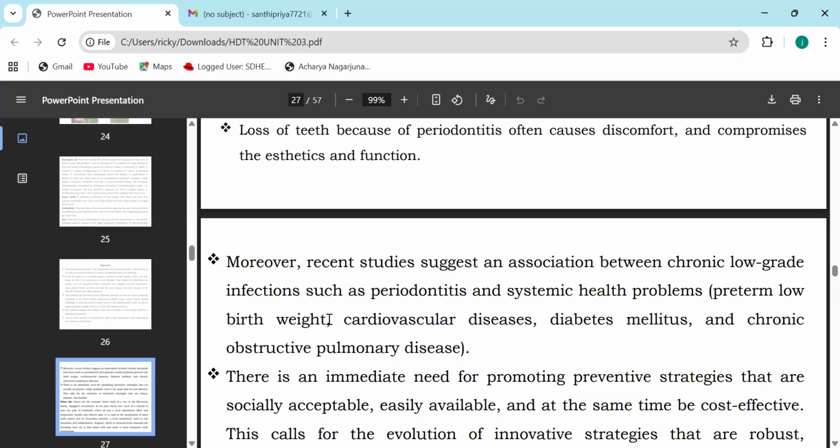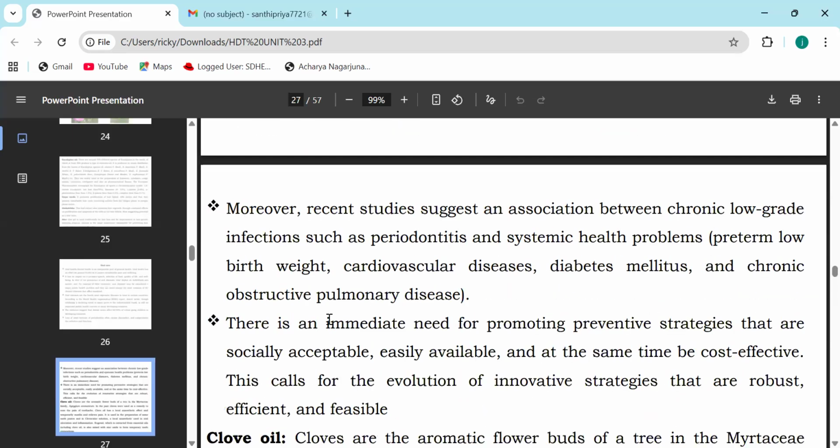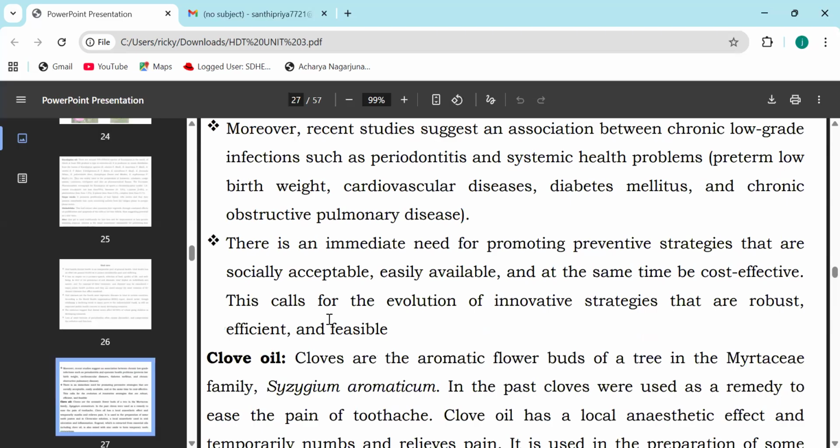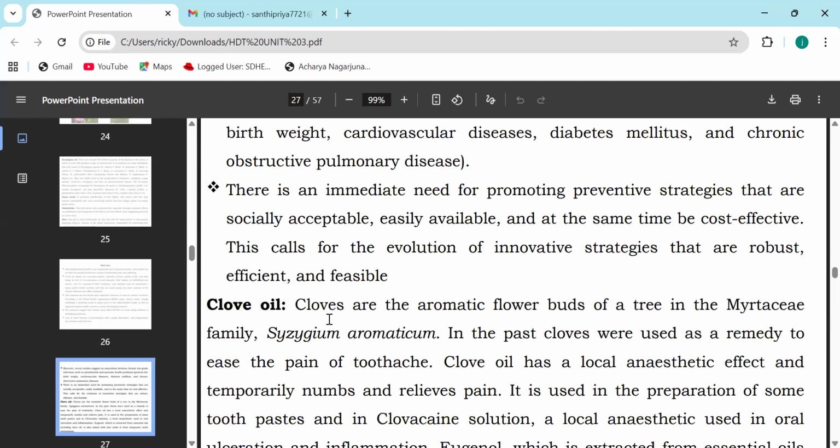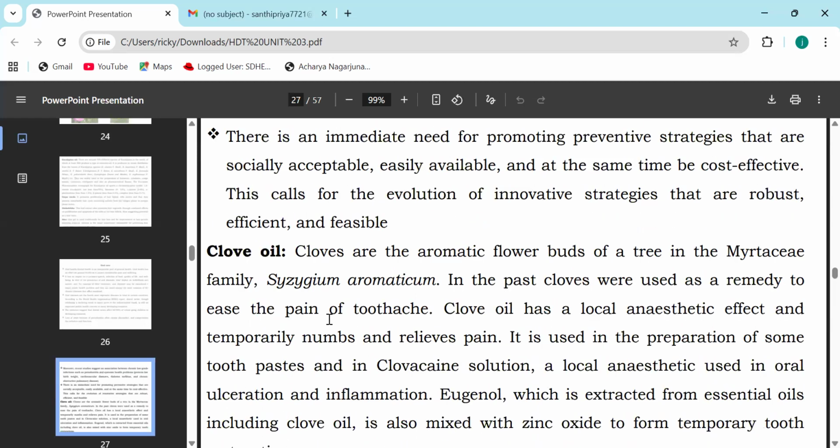And next, there is an immediate need to promote preventive strategies that are socially acceptable, easily available, and at the same time cost effective. This calls for the evolution of innovative strategies that are robust, efficient, and feasible.